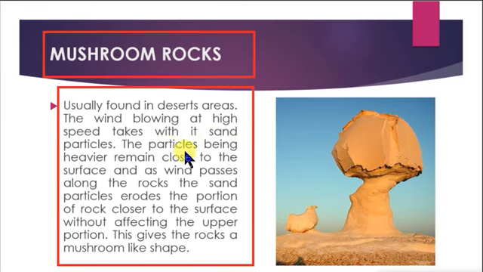The particles being heavier remain close to the surface, and as wind passes along the rock, the sand particles erode the portion of rock closer to the surface without affecting the upper portion. This gives the rocks a mushroom-like shape.